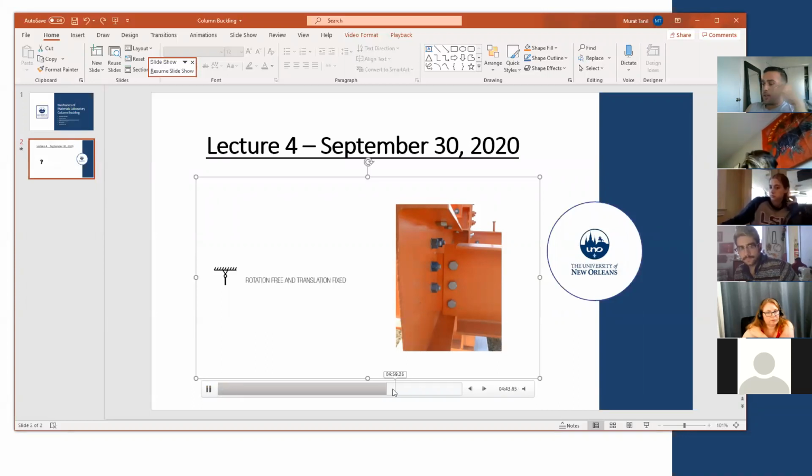Okay, let's look at the other case. Like you see, it's not moving because these 3 pins are holding it, but it's rotation free. Even though you have 3 bolts, imagine the large scale of the project, these 3 bolts are nothing to restrict the rotation.